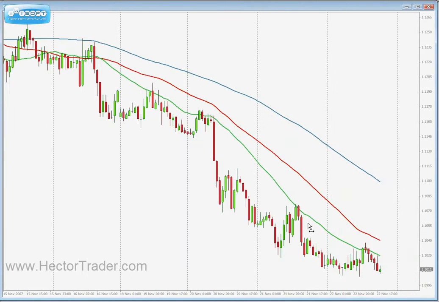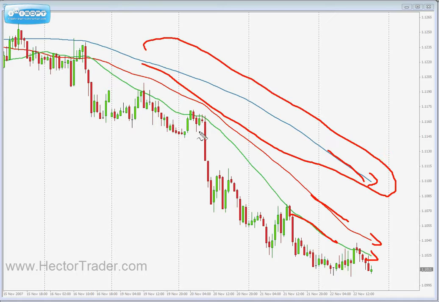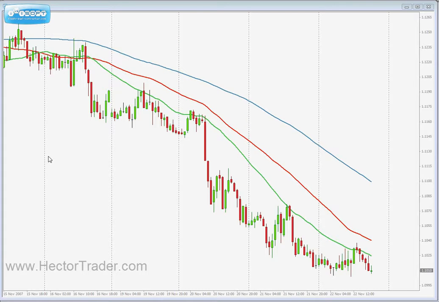As we saw in the first video of this trading course, as far as I am concerned, a trending currency pair is one that shows my three main moving averages, the 30, 50 and the 100, all of them in order, all of them parallel to each other, price nowhere near the 100, price spending most of the time on the right side of the 50, etc. So always make sure that you are actually looking at a trending chart before trying to apply the concept of the area of dynamic support and resistance.